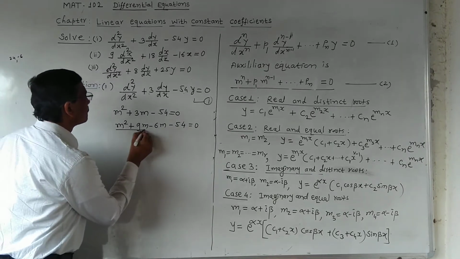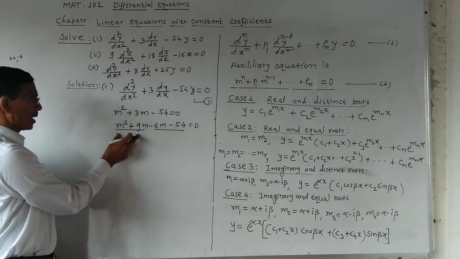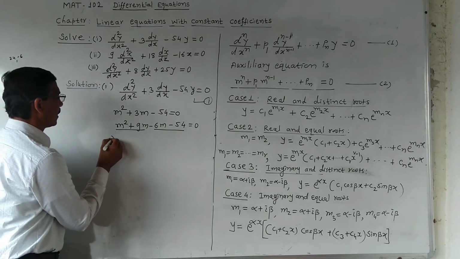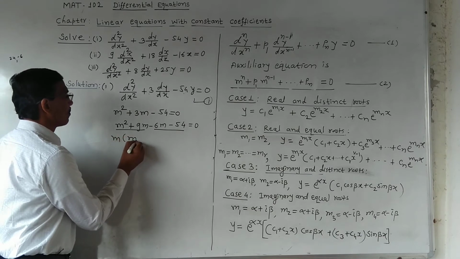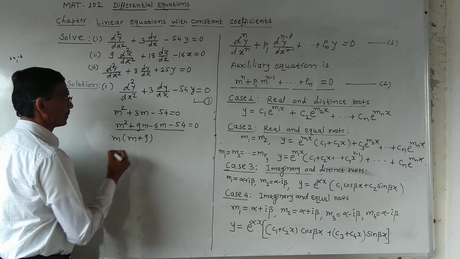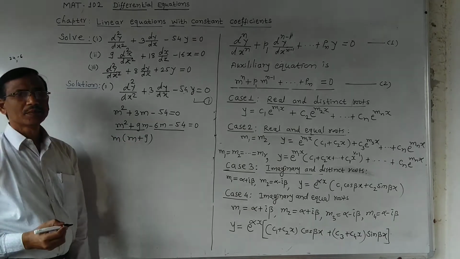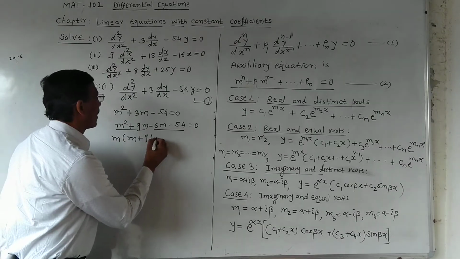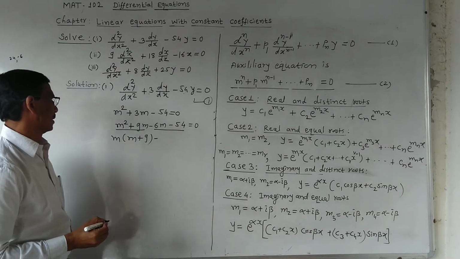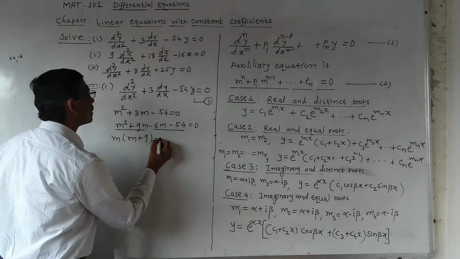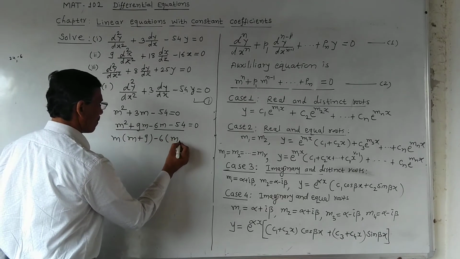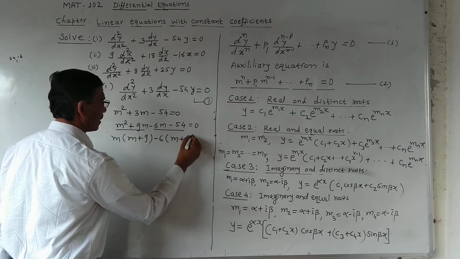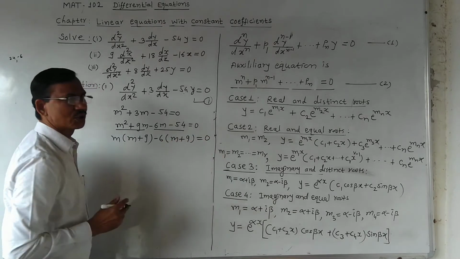Now take the common factor. From the first two terms, we can take m common, m in front of the bracket m plus 9, minus, we can take 6 common, minus 6 into m plus 9 is equal to 0.